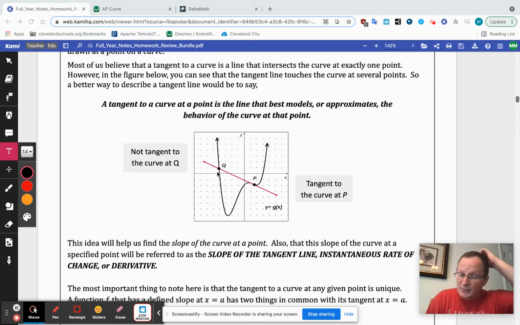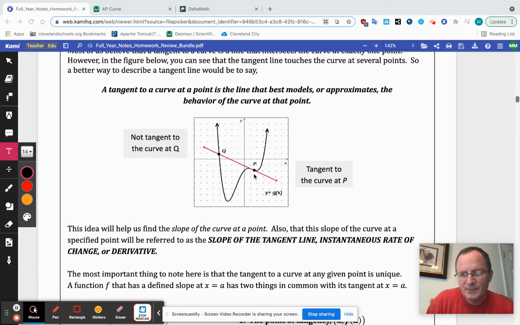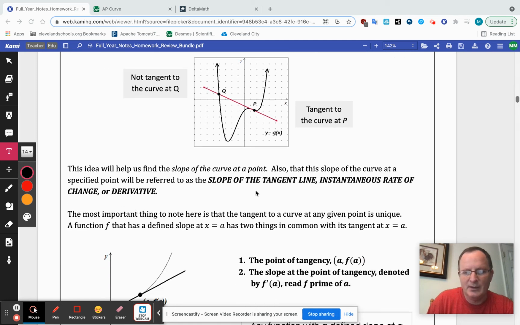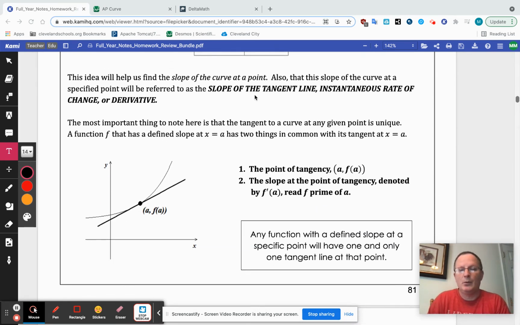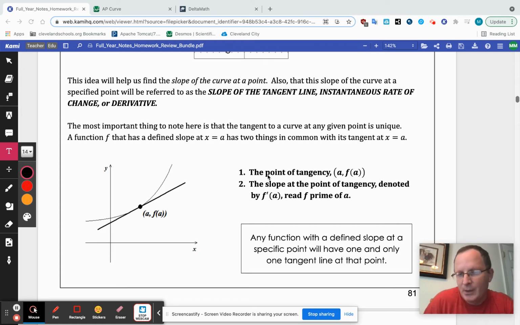So then if we can do that, we can find the slope of this red line using calculus. At first, we're going to deal with a particular point. That point we're going to talk about, where it models the behavior of the curve at that moment, is the point of tangency.